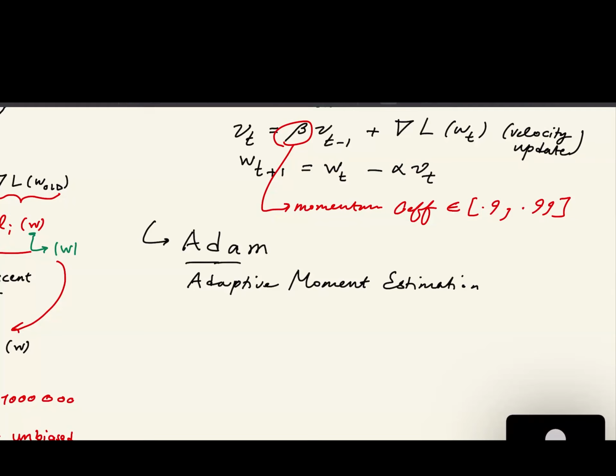In this case, what we mean by momentum is that the algorithm accumulates past gradients, and adaptive rates scale the learning rate for each parameter based on gradient history. There is a bias correction that accounts for initialization bias.